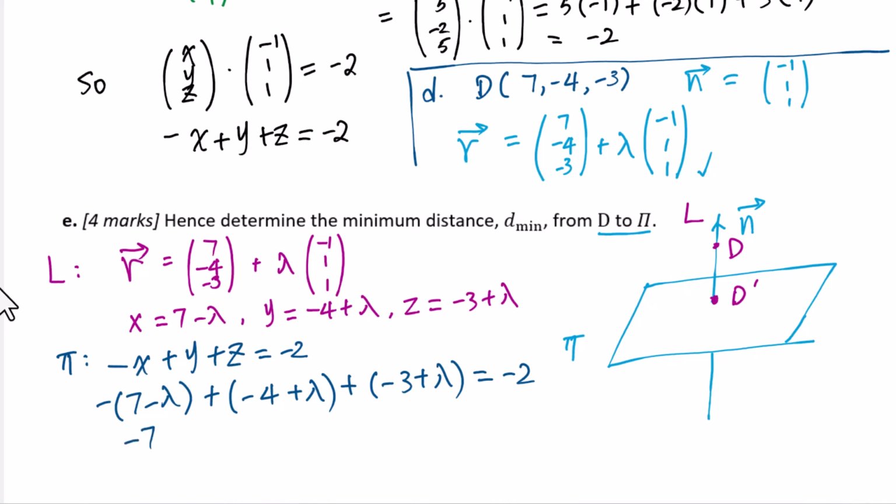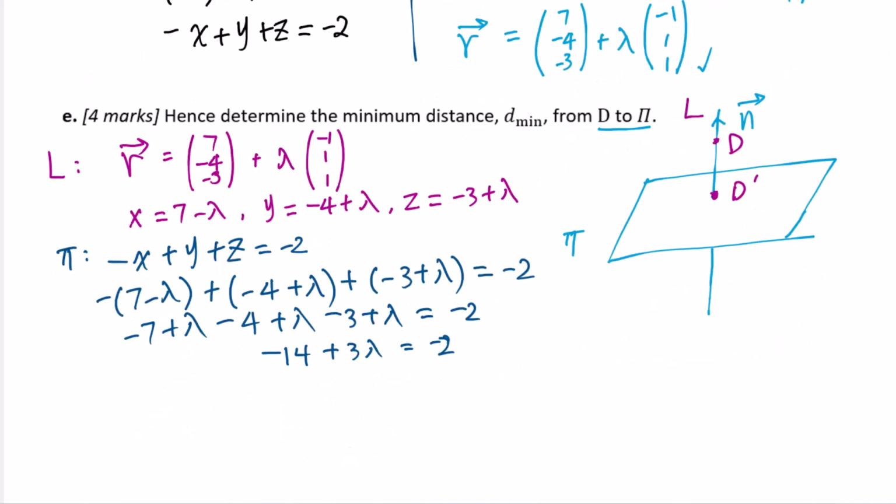Simplify. Combine like terms. -14 plus 3 lambda equals -2. Add 14 both sides, and lambda equals 4.